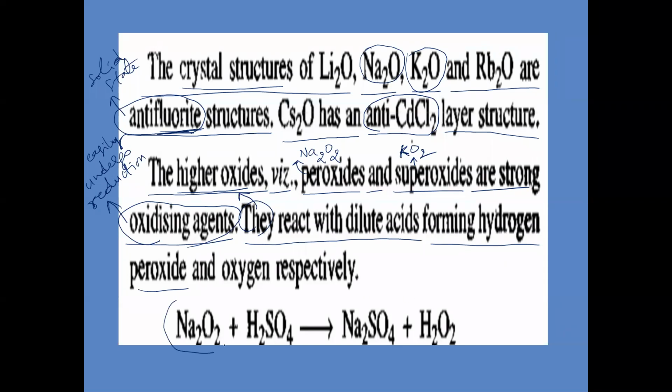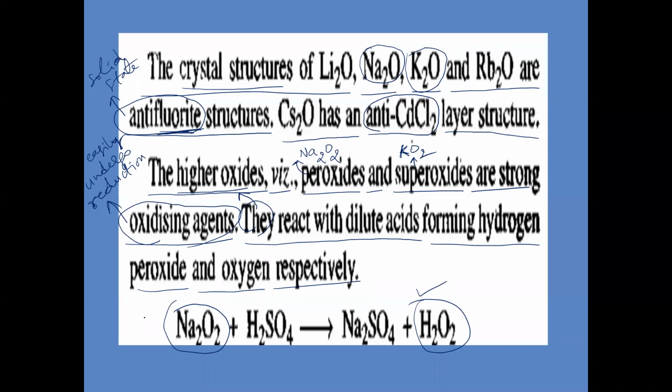The higher oxides react with dilute acids, forming hydrogen peroxide and oxygen respectively. Na2O2, sodium peroxide, will give hydrogen peroxide, and KO2, superoxide, will give oxygen.